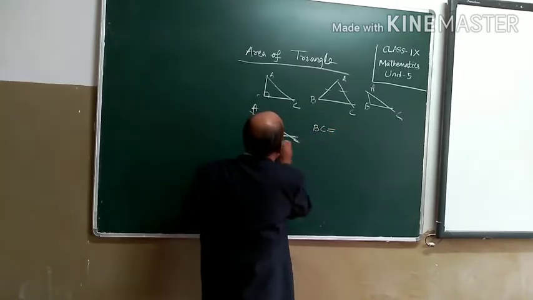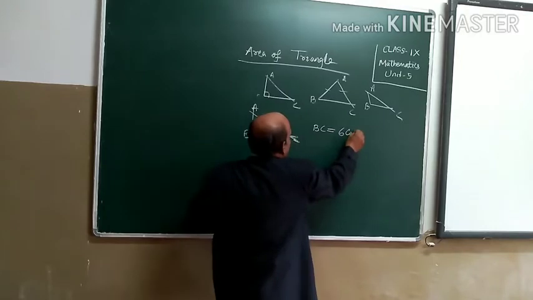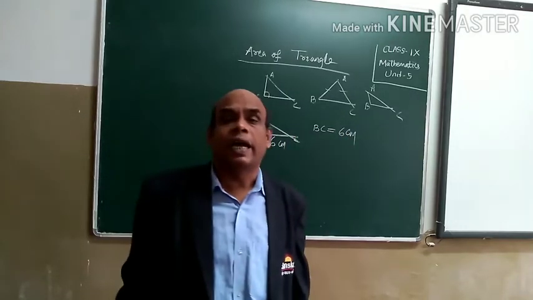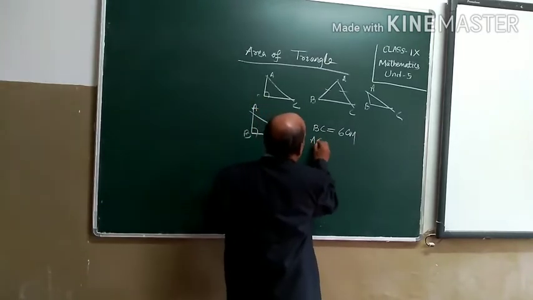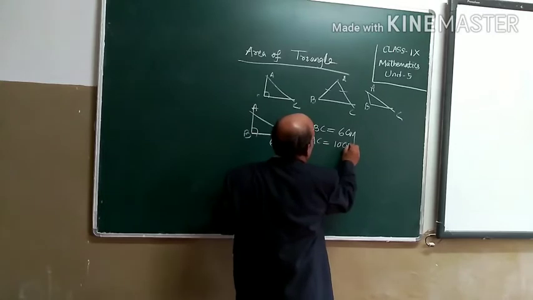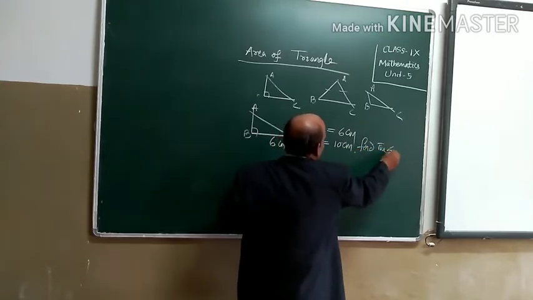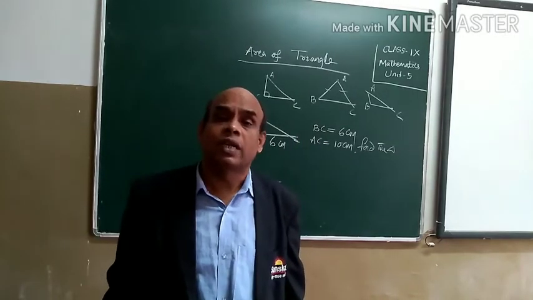BC means the base is given to you. Suppose that is 6 centimeter. And after that, the hypotenuse is given. Hypotenuse AC is given to you as 10 centimeter. The question is to find the area. It means you have to find out the area of the triangle.